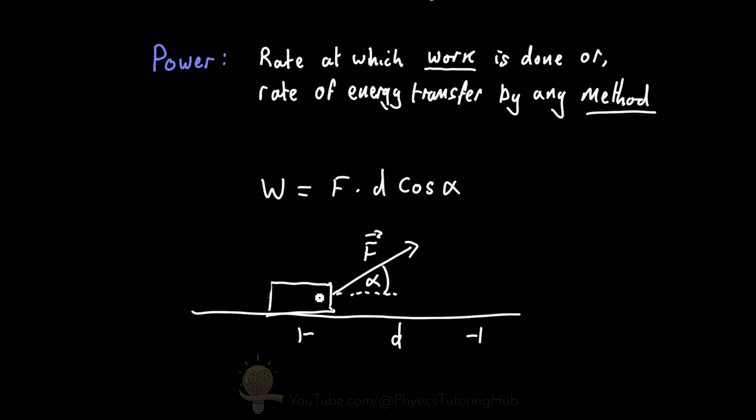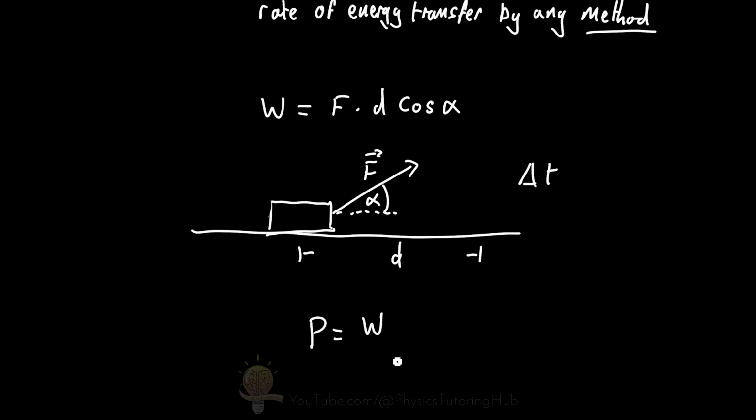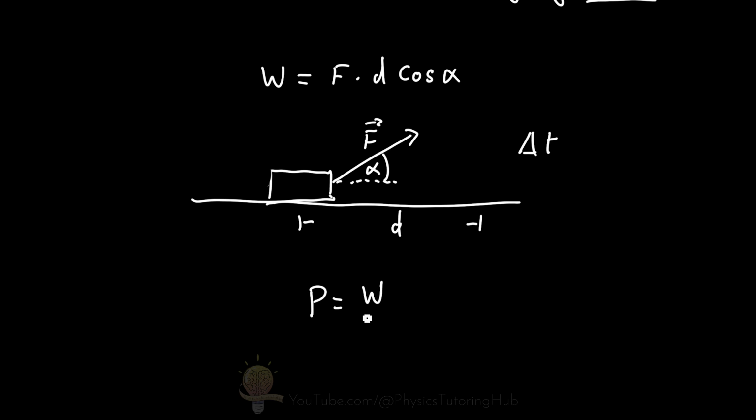So if the work done on this object is W, and this occurs over some time interval delta t, then the average power delivered to this object over this time interval is equal to the work done on this object divided by the time interval.